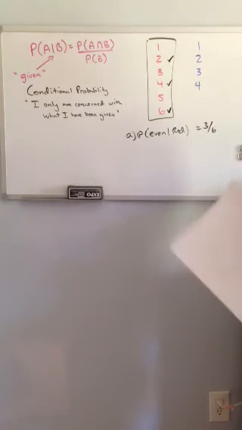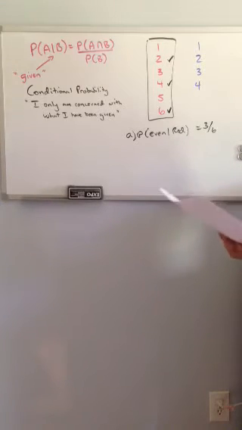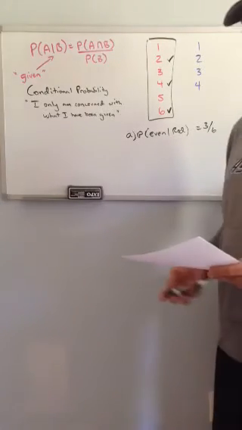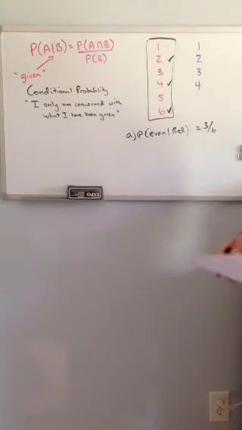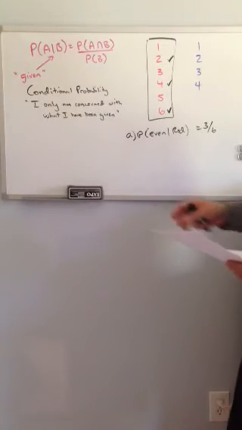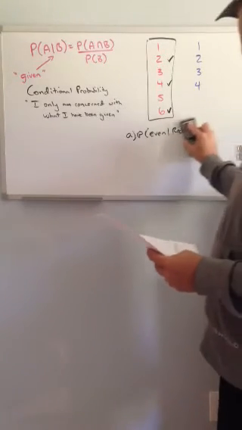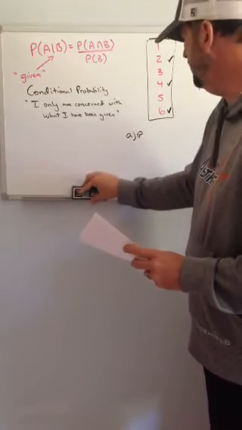A little bit quicker, a little bit more visual where you guys can see it. To me, it makes a little more sense looking at it like that rather than plugging into the formula, but I did want to show you how the formula works. So if we look at the next one, probability of it being red, given that it's even.